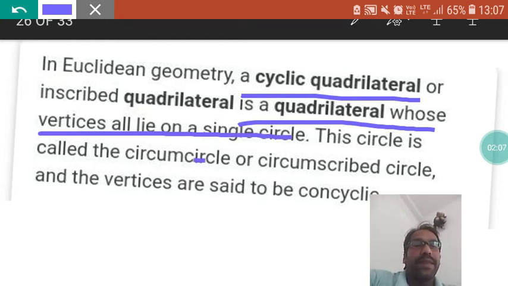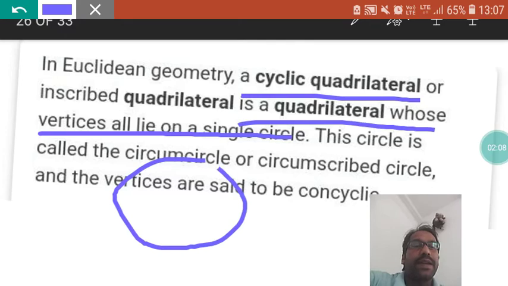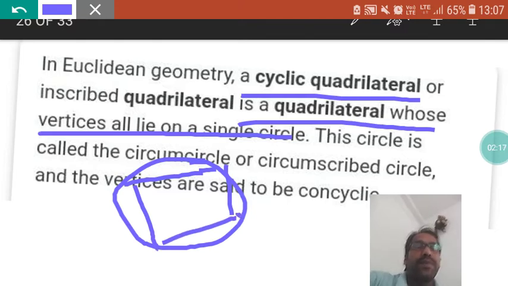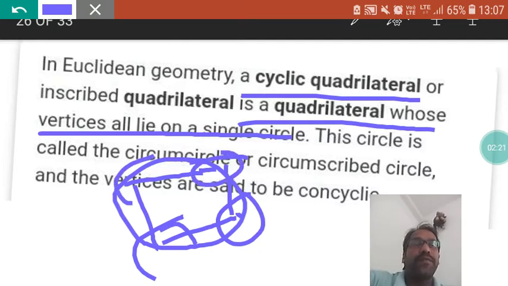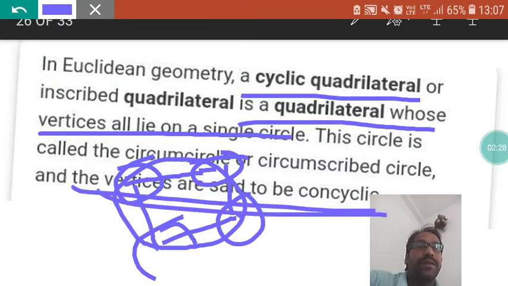That means this is a circle here, then this will be called a cyclic quadrilateral whose all vertices, say vertices 1, 2, 3 and 4, all lie on the circle, and these vertices are said to be concyclic.